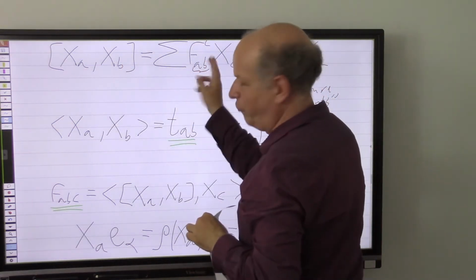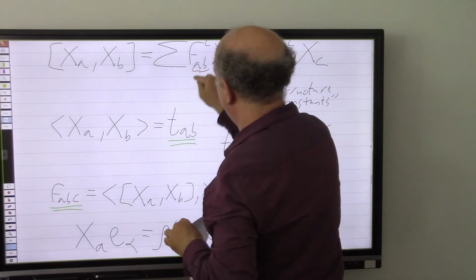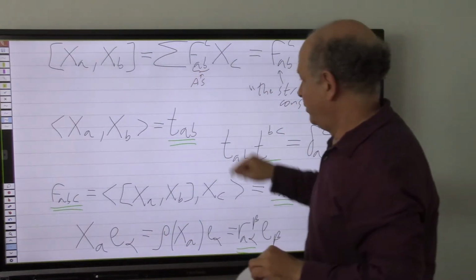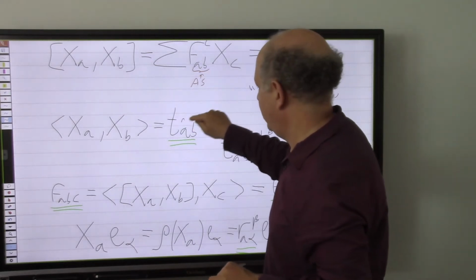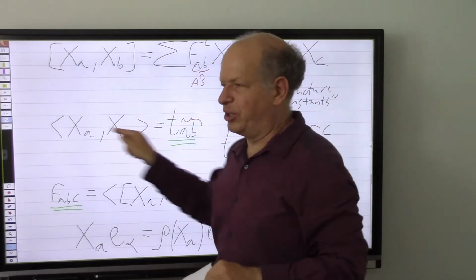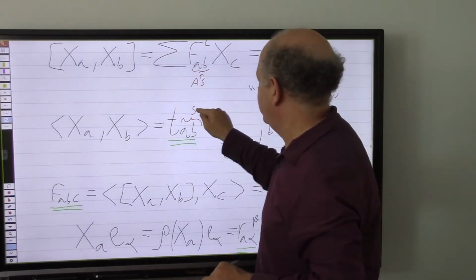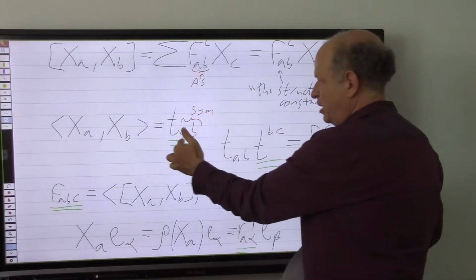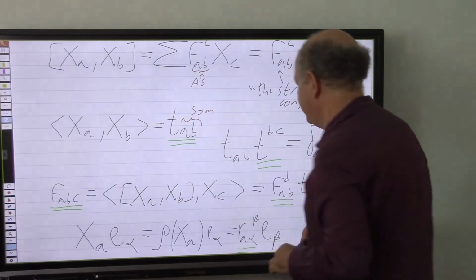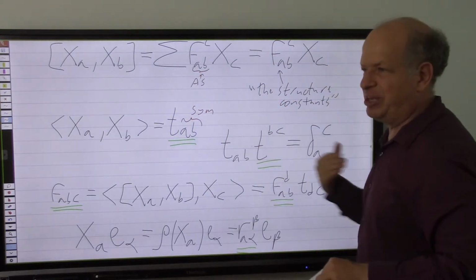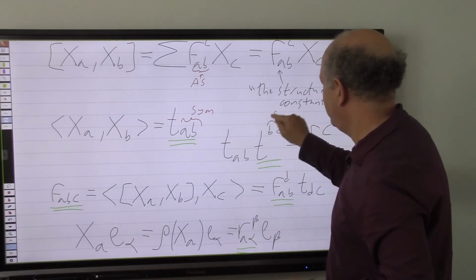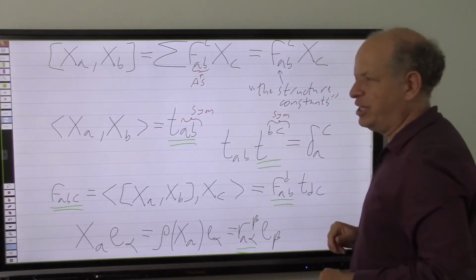The T_AB symbol, the inner product, was supposed to be symmetric, so the T_AB symbol is symmetric. If you flip these two indices, the answer doesn't change. The inverse of a symmetric matrix is a symmetric matrix, so the T^BC symbol is also symmetric.